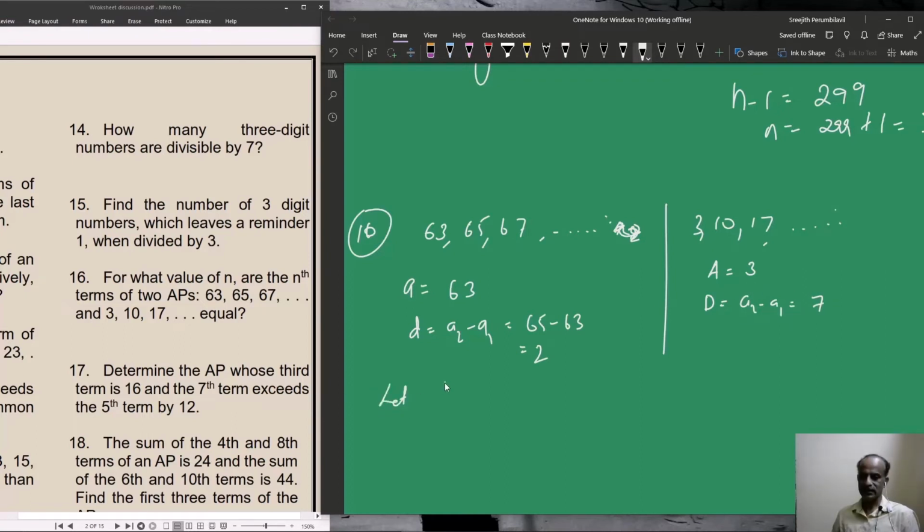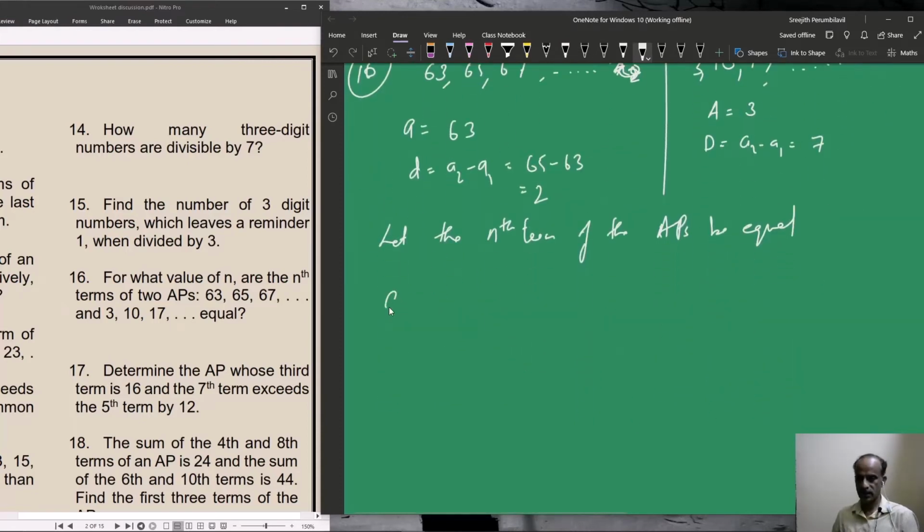Let the nth terms of the APs be equal. We will find the nth term. How do you find the nth term of this? An is equal to A plus n minus 1 into D. That is equal to 63 plus n minus 1 into 2.